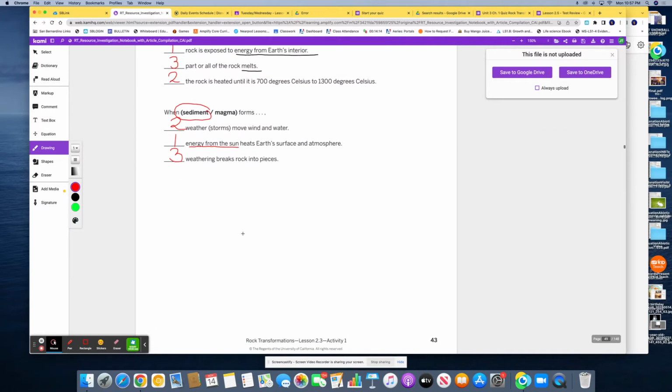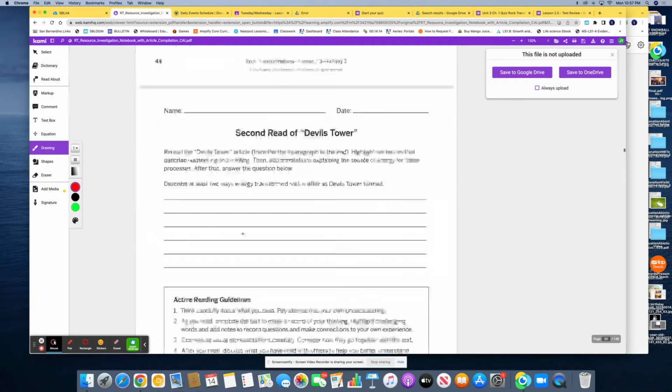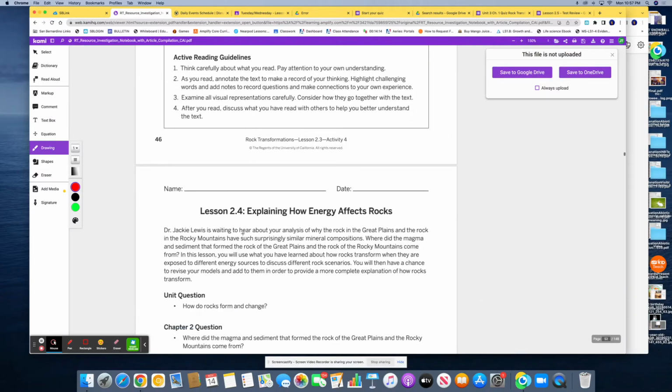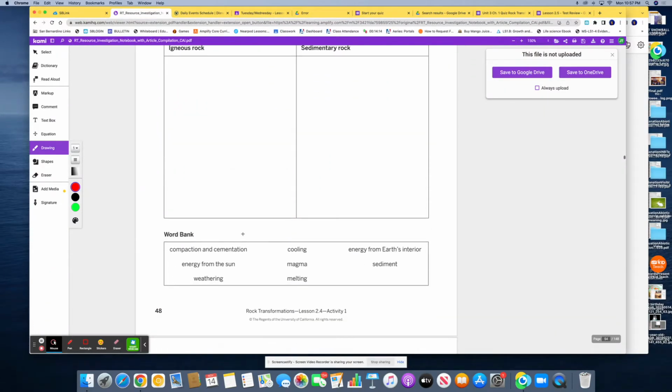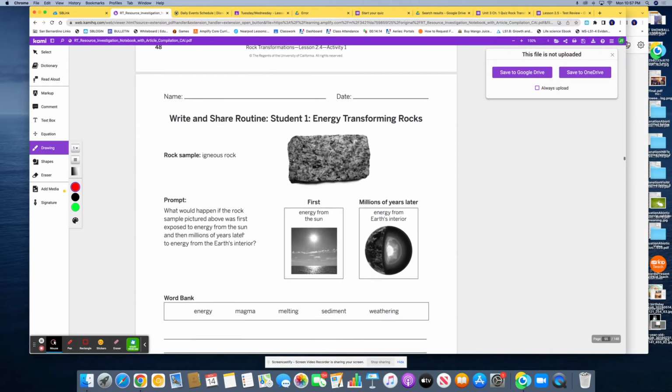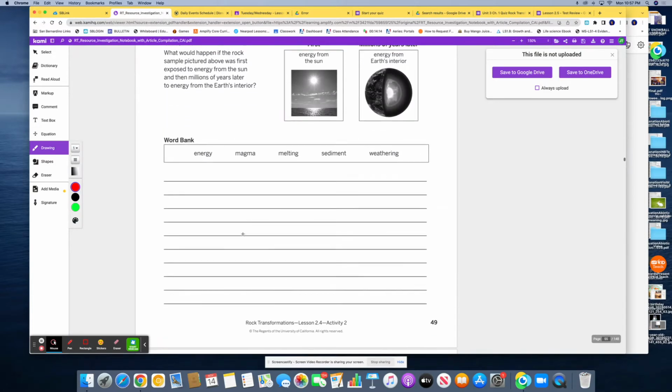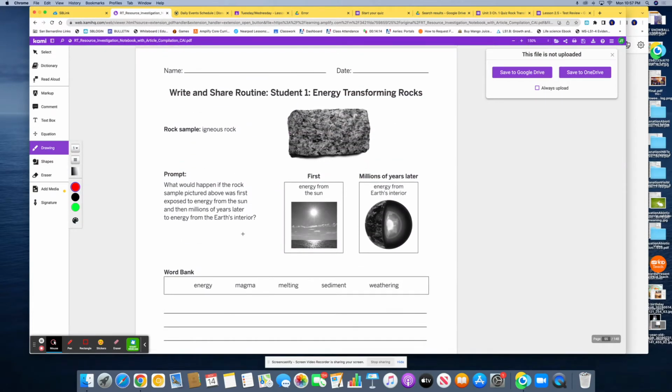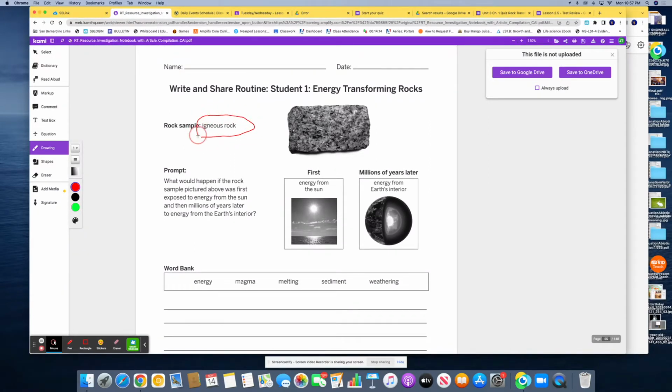I apologize for that. So that was page 43. So now we're going to talk about, I'm actually going to write something about what happens with the igneous rock.